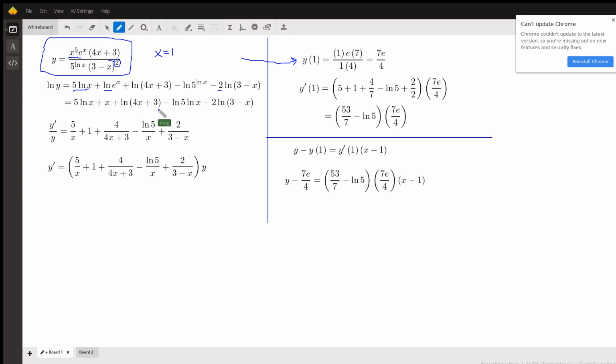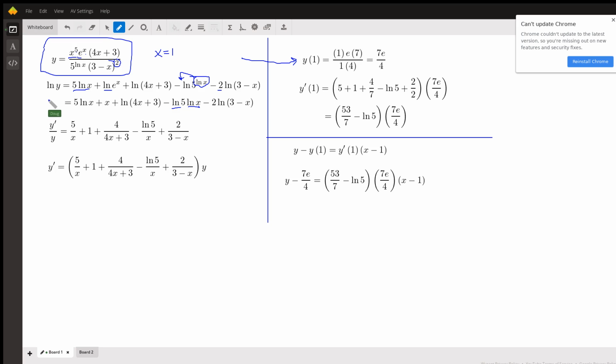Ln of 4x plus 3 stays the same. Here I can move this ln of x down front using properties of logarithms. So I'll have ln of x times ln of 5. I use the commutative property of multiplication to change the order there, so it's easier to see what happens when I take the derivative. And this last term stays the same.